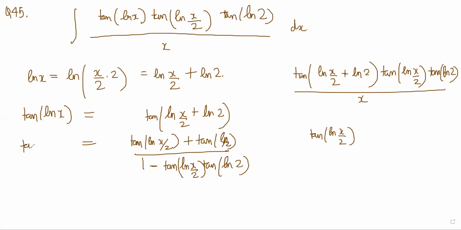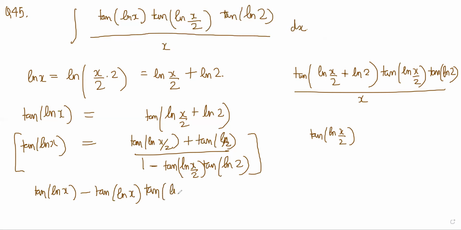So here you have tan ln x. Now when you cross multiply, you will realize that you will get tan ln x minus tan ln x tan ln x by 2 and tan ln 2 is equal to tan ln x by 2 plus tan ln 2.